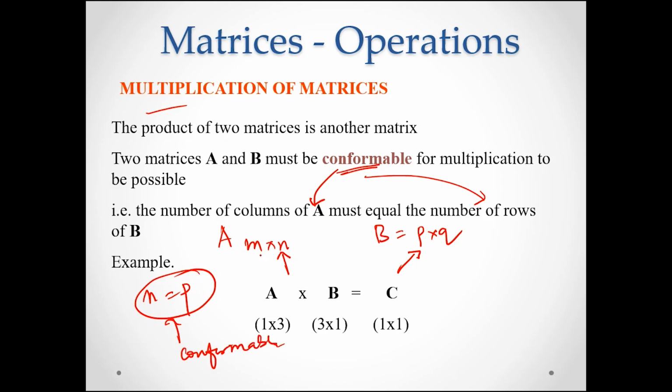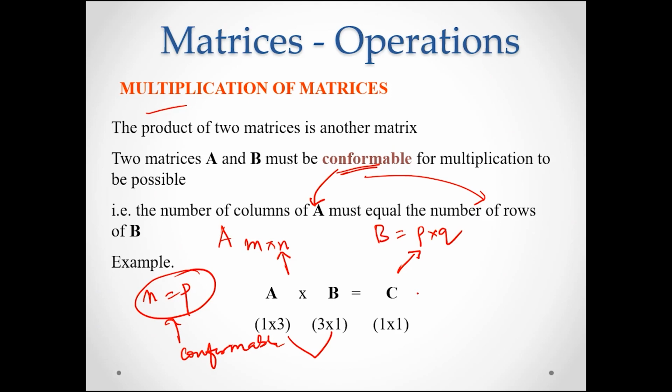Okay. Now, when I say conformable, it means we are trying to identify the rows and the columns, and the definition is clear. If I say A cross B, we have to find the product, and let's say A is 1 cross 3 and B is 3 cross 1. So as you can see, the columns of A and the rows of B are the same.